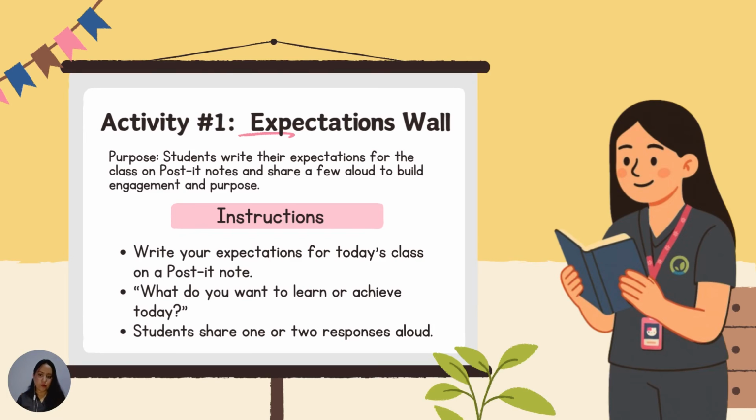Each student wrote their expectations for the class on a post-it note, what they hope to learn and accomplish. This activity helped to set a positive, reflective tone and allowed students to take ownership of their learning, so that they feel connected with the class.